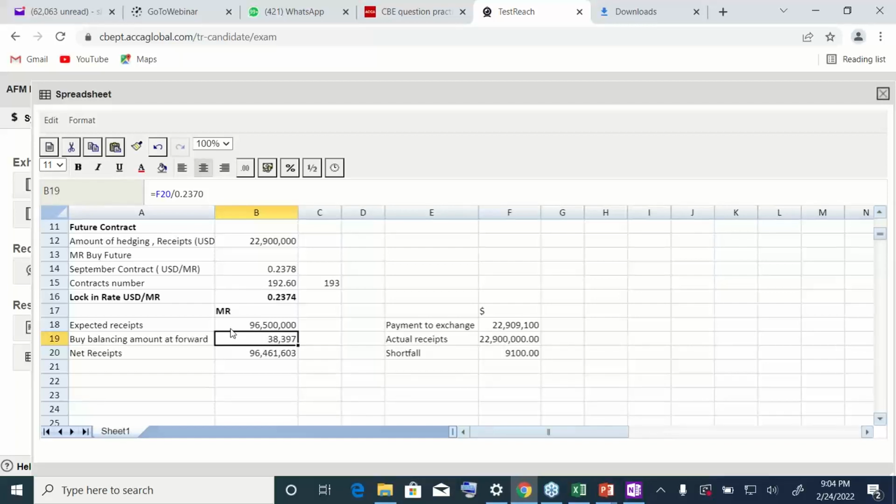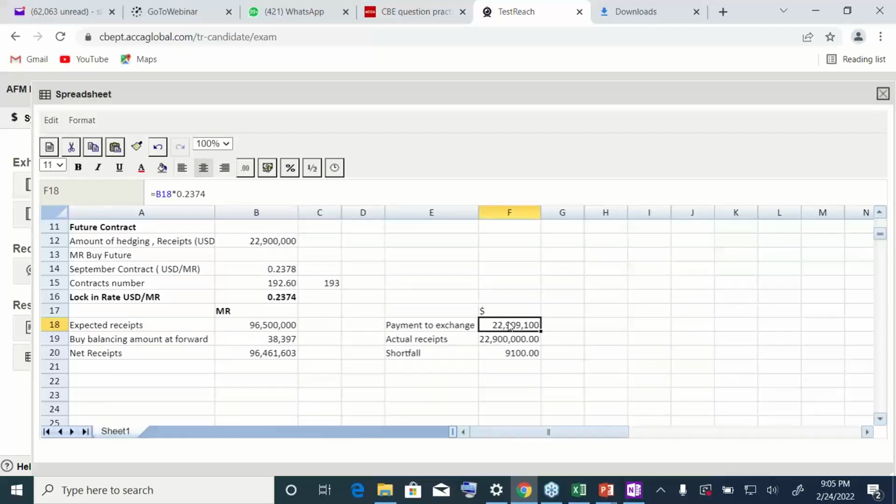So how to remember that? Remember, if you are buying MR, you will quickly write here in the home currency. 193 contracts, one contract has 500,000 size. So that means you are receiving 96.5 million MR. Obviously, if you are getting MR, you have to deliver the other currency. At what rate?